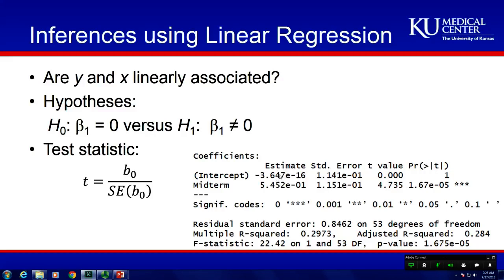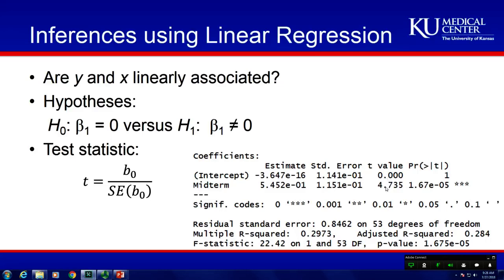The line is 0 plus 0.545 times x. We get standard errors associated with our estimates that, again, reflect the amount of sampling variability associated with that estimation. So really big standard errors mean that we don't have a lot of precision in or confidence in our estimation.